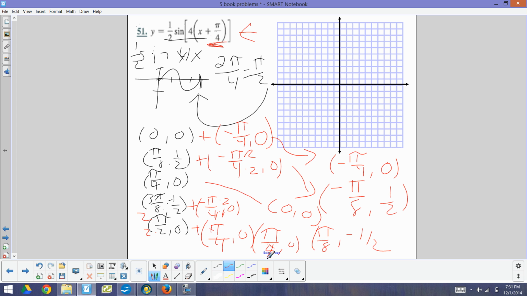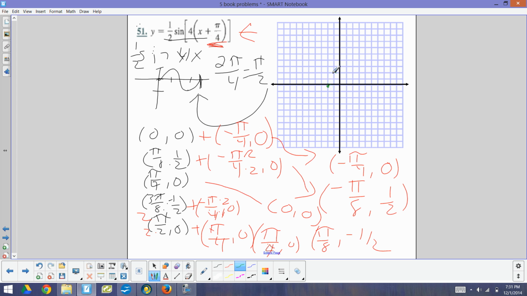So now you can graph each of those points. Negative pi over 4, 0. And I'm going to call each line maybe pi over 8. So negative pi over 4, 0 would be about right there. Negative pi over 8, 1/2. I'm going to do 2 up as 1/2.